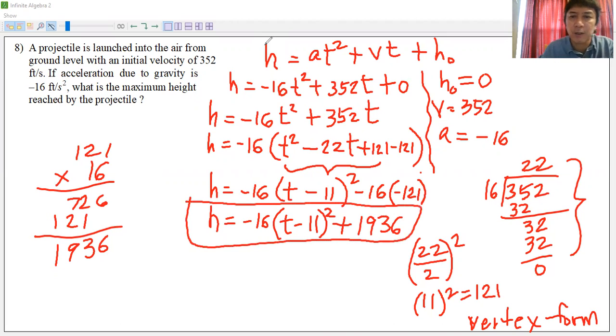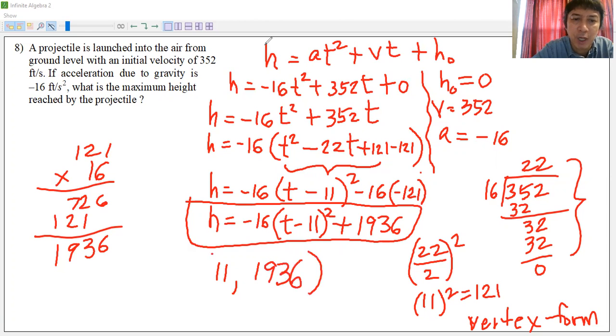In the vertex form, you now have the vertex (h, k), where the h here is the time, and that will be 11. And the k is for the height, which is 1936.